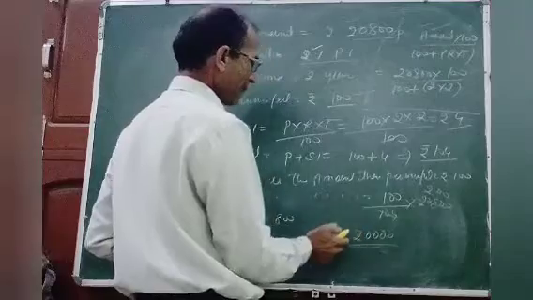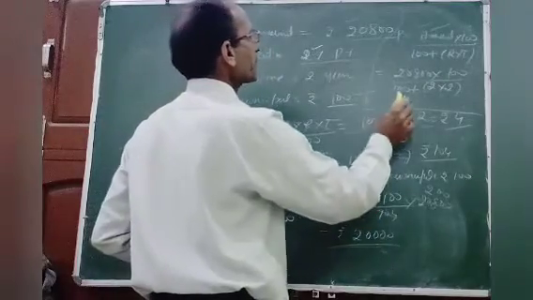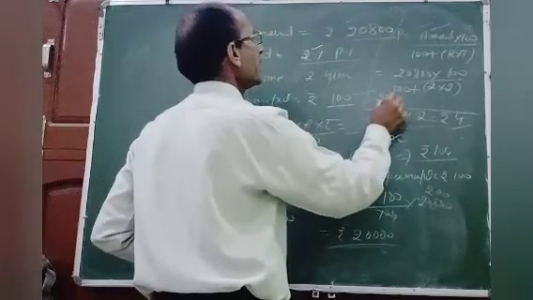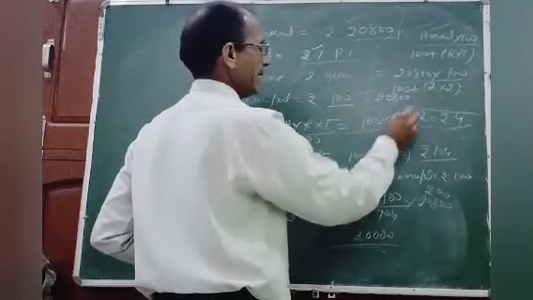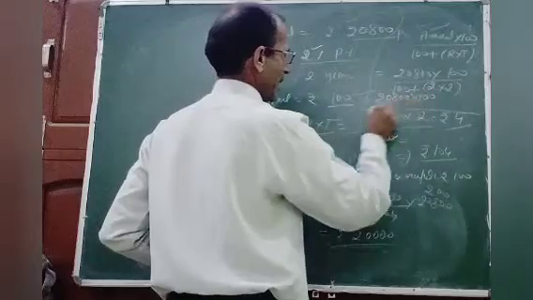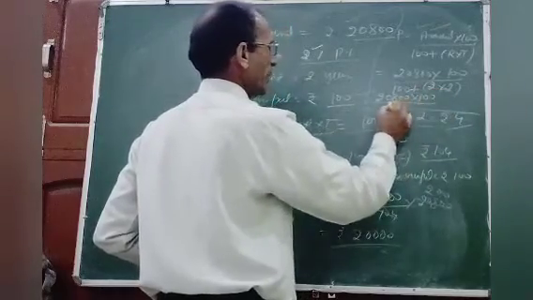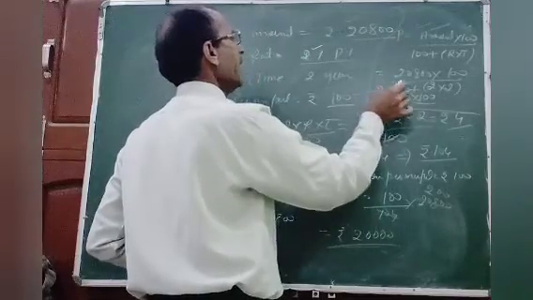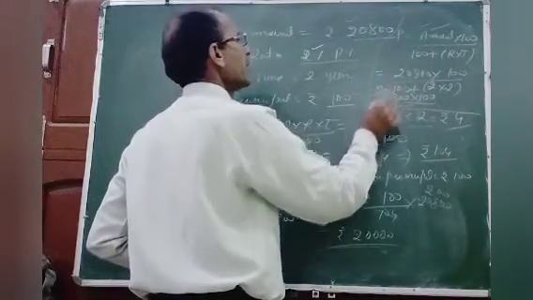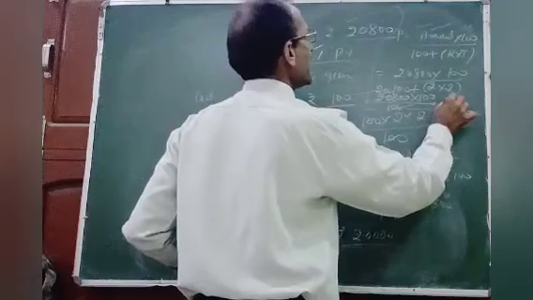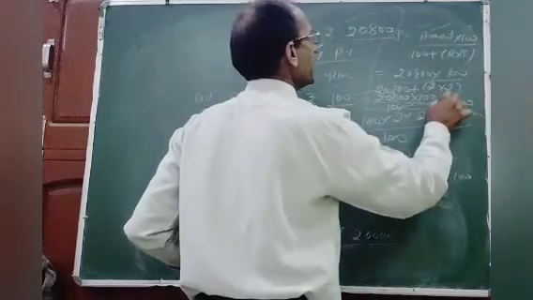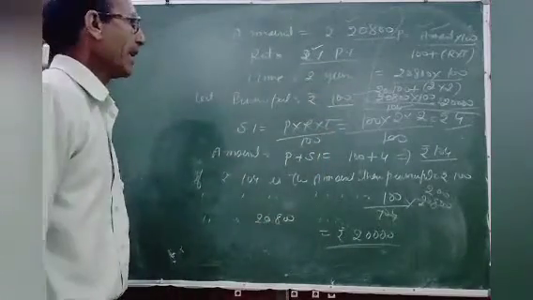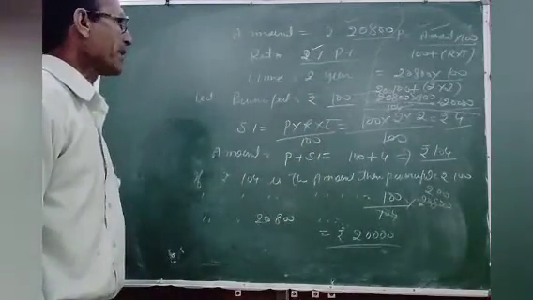So same result will be there. 20,800 multiplied by 100 upon 100 plus 4, it means 104. So it will cut, 200 multiplied with 100, it means rupees 20,000. So this is the formula for finding the principal if amount is there.